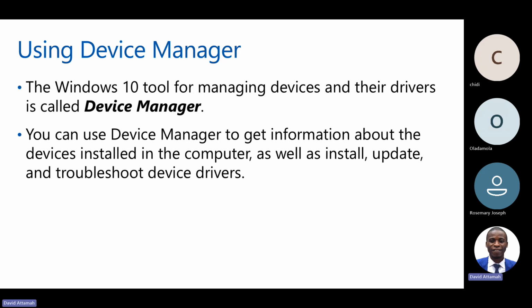To go to the device manager, you right click on the Windows Start button and select Device Manager. This is also where you can update some of the drivers. You go to each one, right click and select Update Driver, and it will start updating, though you need to be connected to the internet to do the updates.